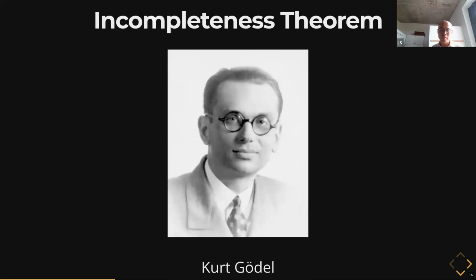But history has shown it's not only Russell himself who had this problem. Many other preeminent mathematicians have raised a different voice. For example, Kurt Gödel discovered the Incompleteness Theorem, which says that in a mathematical system, you normally start with axioms, then you have a set of logical rules that help you make a proof.